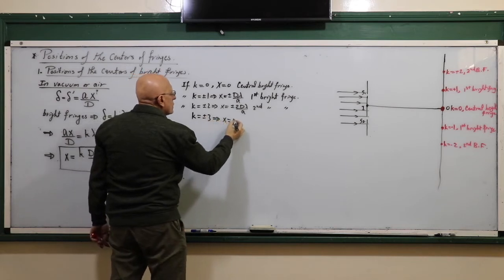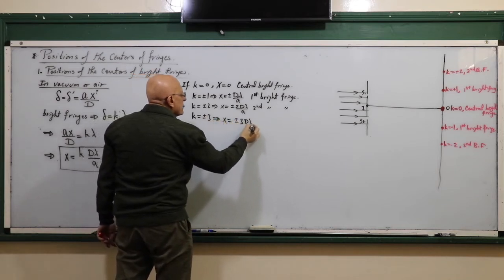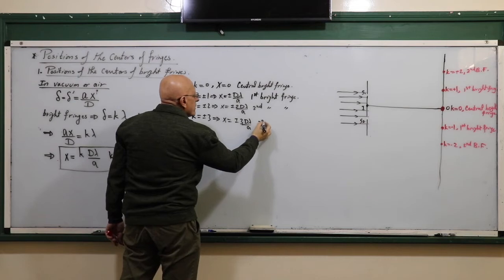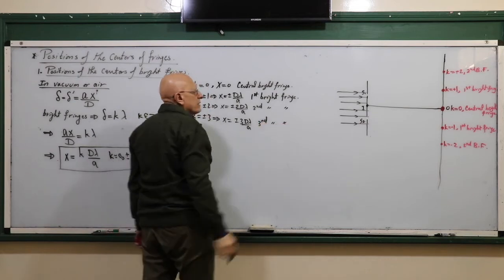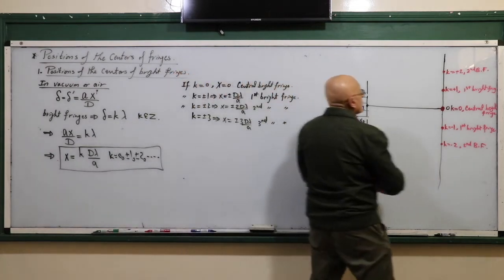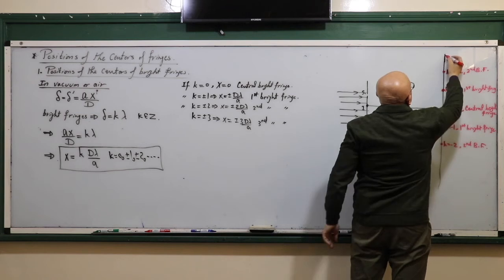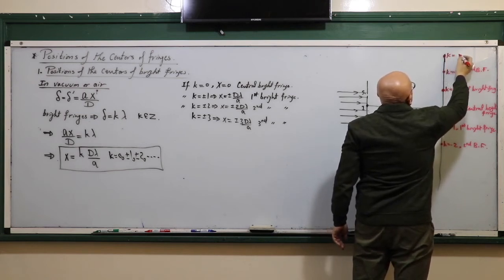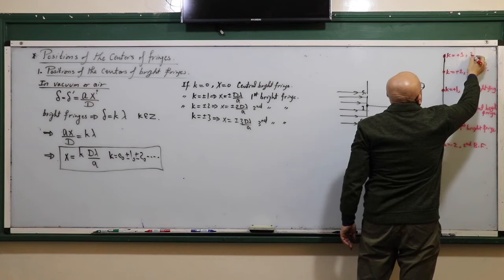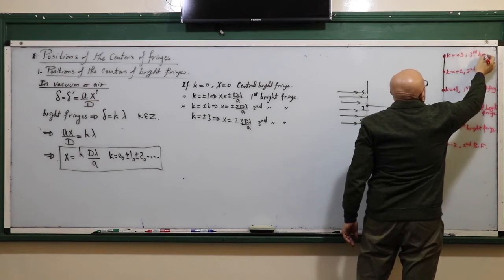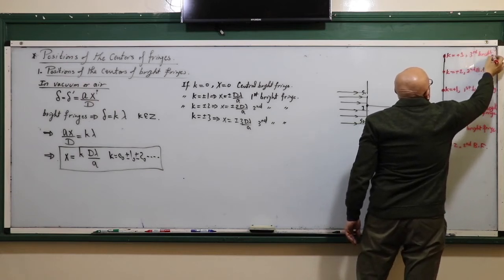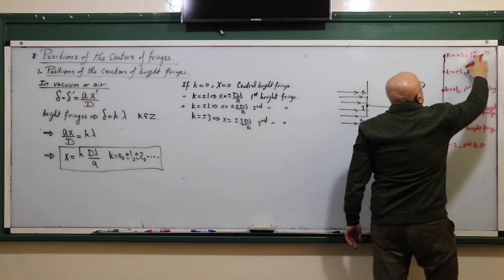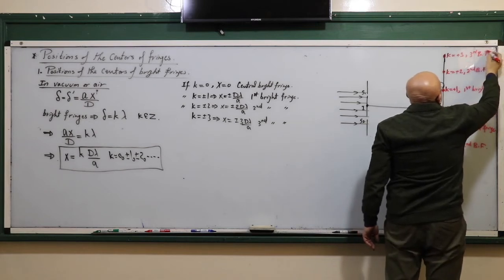X equal plus or minus 3D lambda over A, third bright fringe. So you move also an equal distance, and you get here k equal plus 3, third bright fringe.